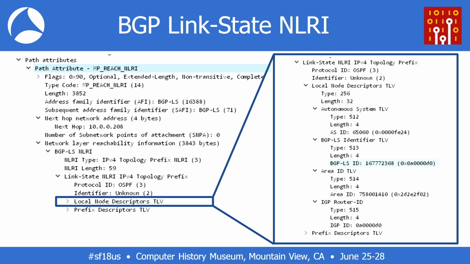It's not redistribution, it's part of BGP. Link-State network layer reachability information. And you see here, oh, it's OSPF, by the way. It has the value of 3. You can look, when you know the trace, what is ISIS, for example? Which value does ISIS have?